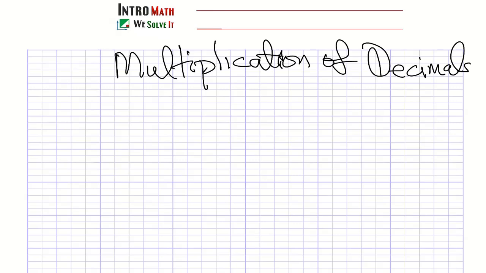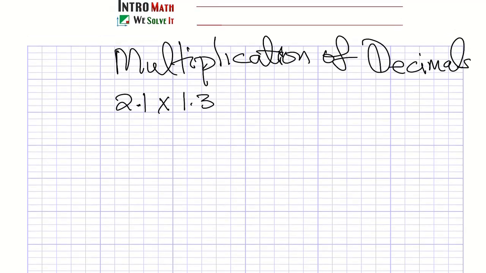Basically, there's nothing here. It's just little tricks here and there when you do multiplication of decimals and division of decimals. Just pay attention to the tricks. That's all. It's not that difficult. Let's try this: 2.1 times 1.3, right?